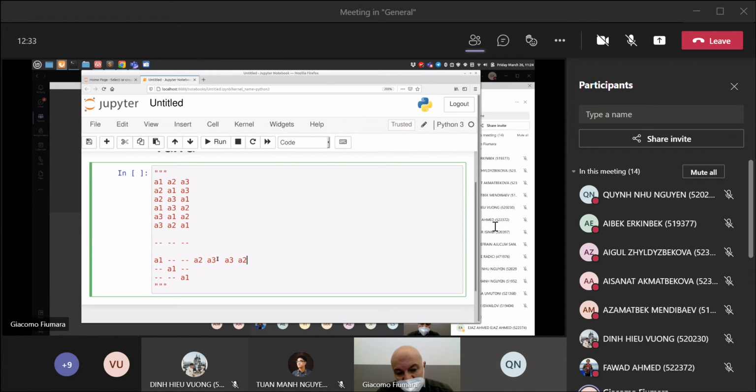So placing A1 in first position, we have 2 different configurations.